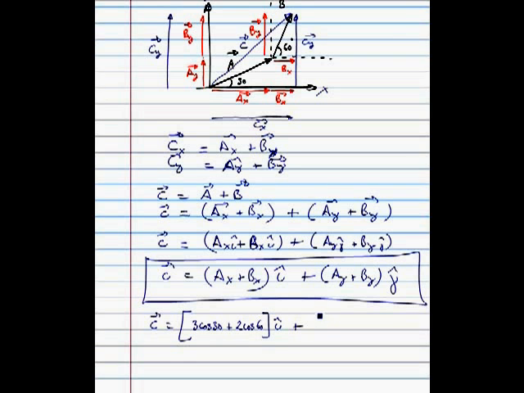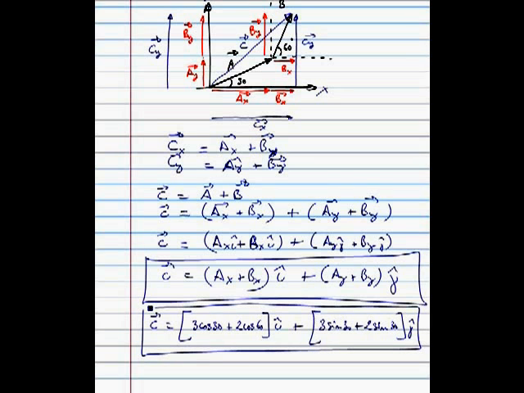And similarly, my y component will be 3 sine 30 plus 2 sine 60. And this will be my resultant vector.